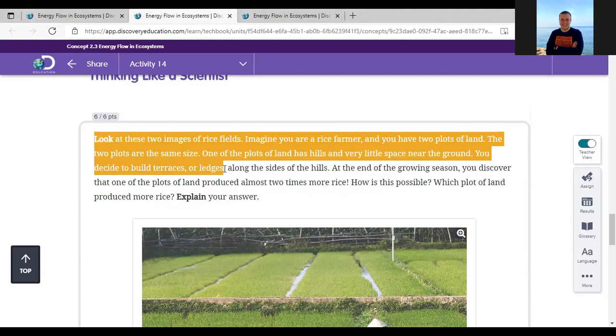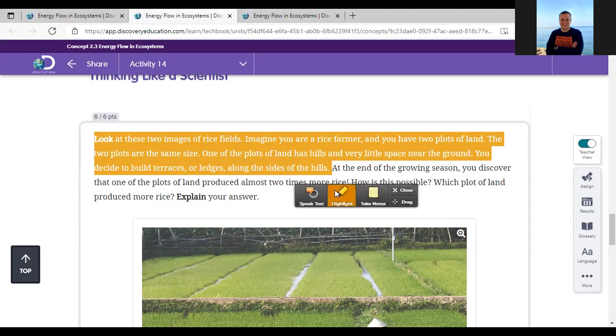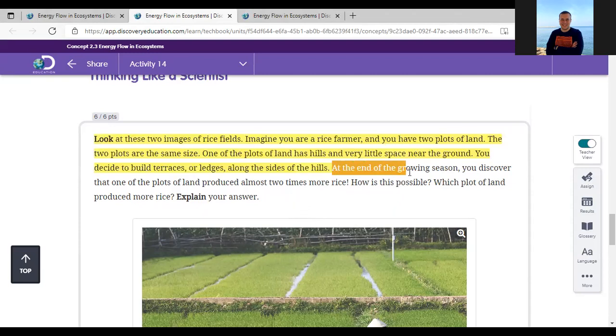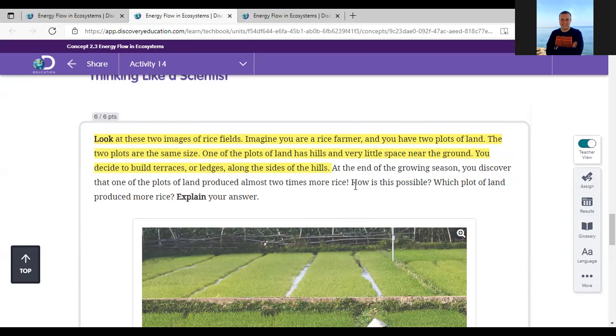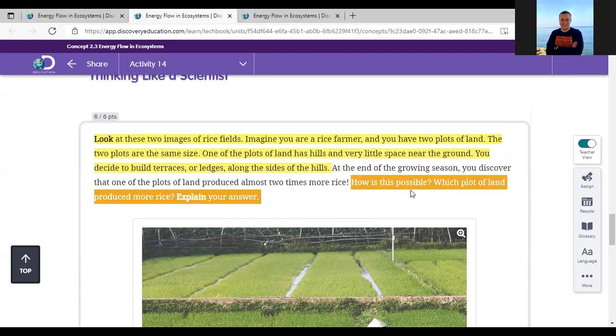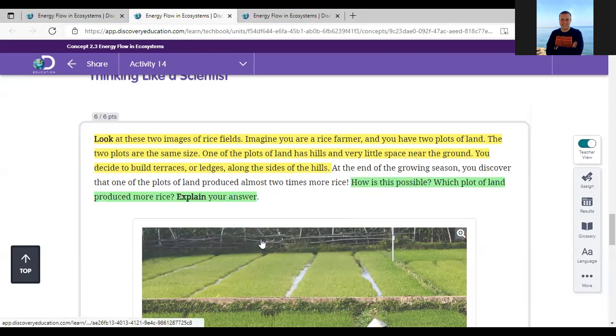These are like the steps of the stairs, but they are much larger, along the side of the hills. Okay, then what happened? At the end of the growing season, you discover that one of the plots of land produced almost 2 times more rice. Okay, then how is this possible? Which plot of land produced more rice? And please explain your answer.